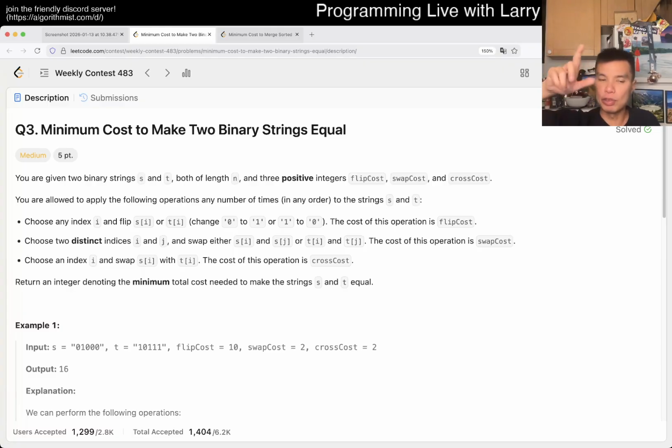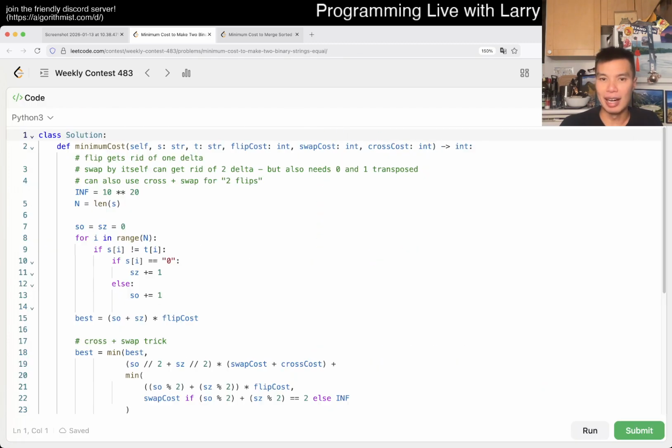But then you can also do what they tell you in the example, which is do a cross and then swap. That means that if you have 2 ones, then now you get rid of 2 ones at the same time, kind of thing, right? So you could do that for cross and swap at the same time. So those are the 3 things that I considered, and honestly, I just wrote out a lot of enumeration. So we'll go over it real quick.